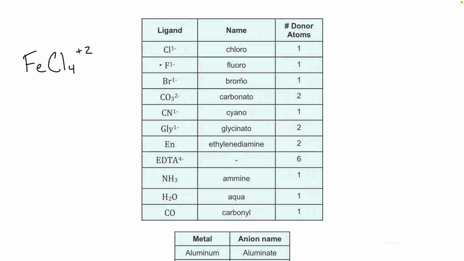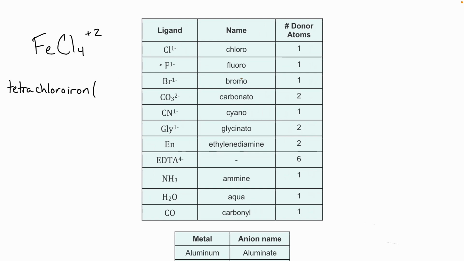Okay, so FeCl4 with a +2 charge. This is tetrachloro iron 6.